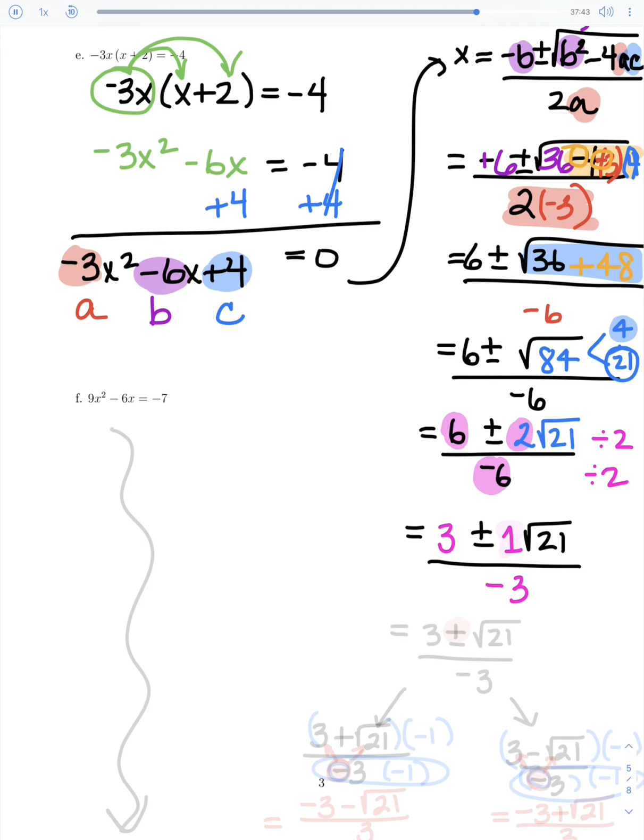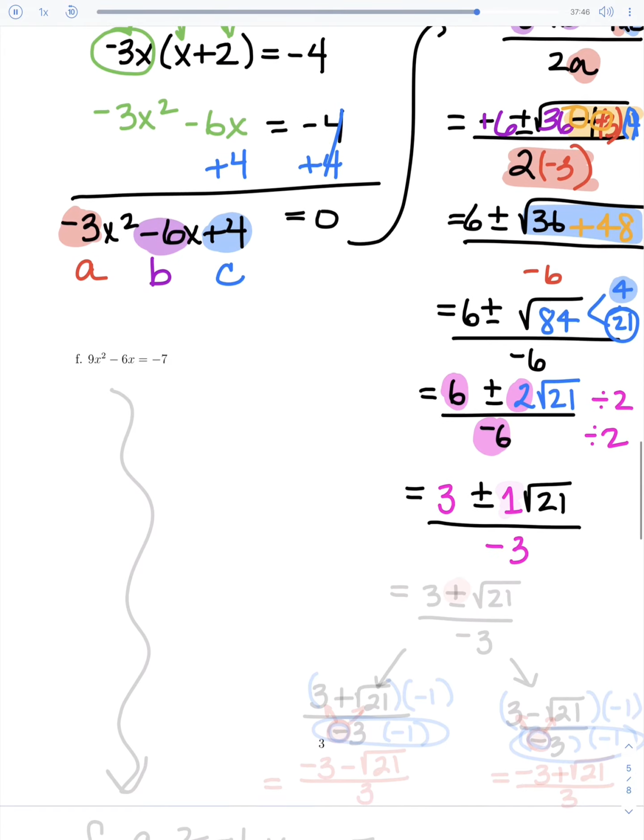So let's see what this means. It means I can re-hide that 1 that's out in front of the square root of 21, and this will turn into 3 plus or minus the square root of 21 over negative 3.